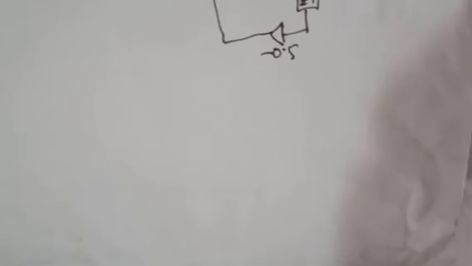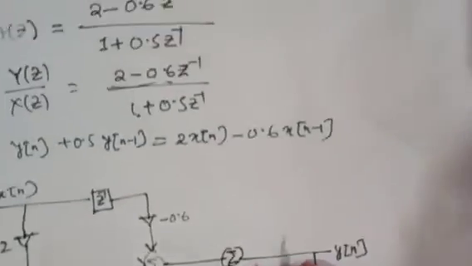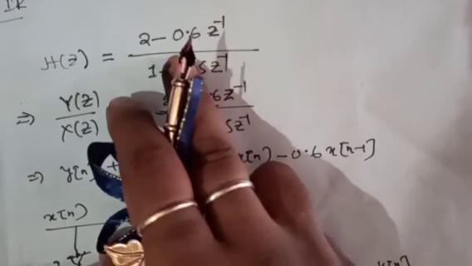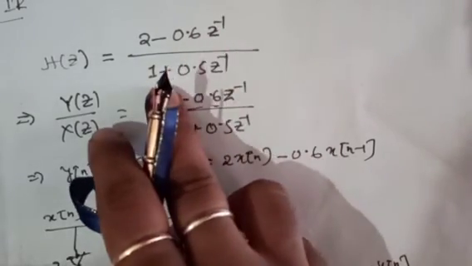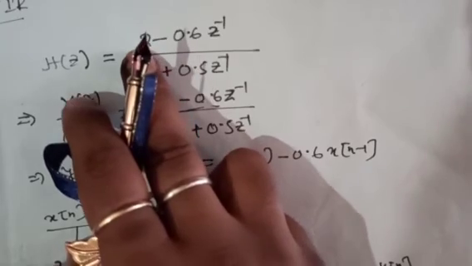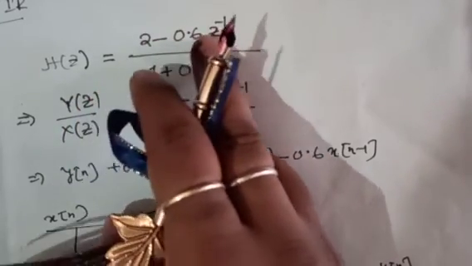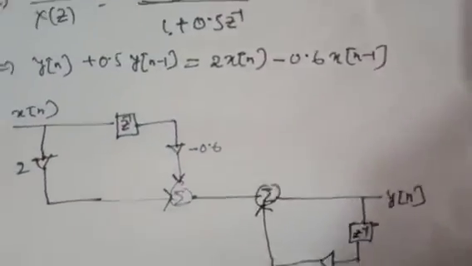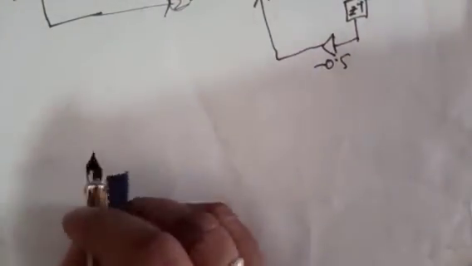non-recursively also. So to realize it non-recursively, look at this H(z). H(z) is (2 − 0.6 z⁻¹) divided by (1 + 0.5 z⁻¹). Now if you do algebraic division of this, you will get the result something like this.